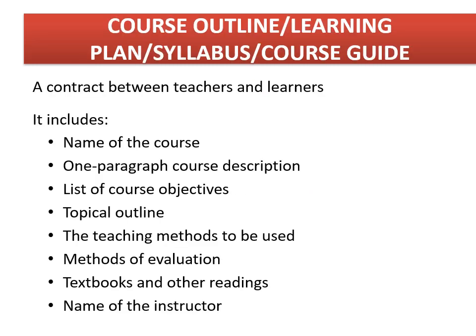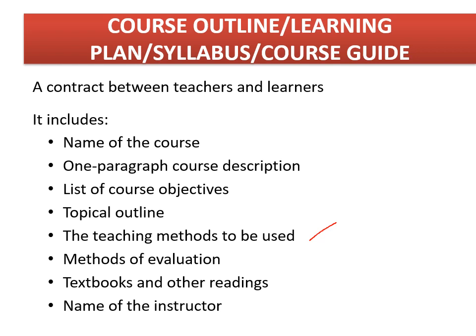Starting with the course outline, or the learning plan, or the syllabus, or the course guide, whatever you want to call it, this is a contract between teachers and learners. At the start of every semester, you're going to hand out your syllabus and explain to your students what the course is all about. It contains the list of course objectives, topics that you're going to tackle, and the teaching methods you're going to use, whether lecture styles, practical skills, or laboratory experiments.